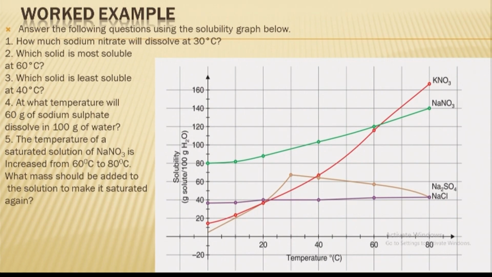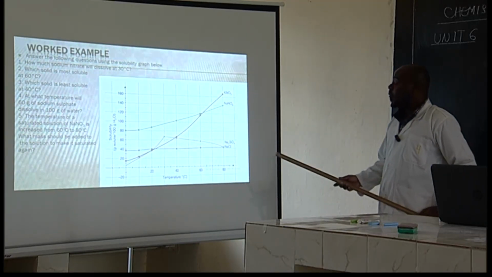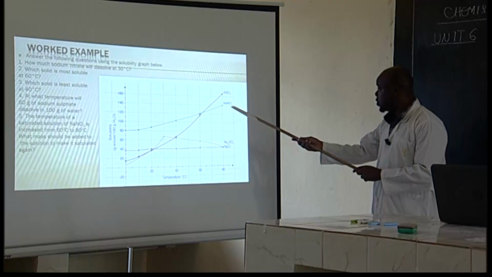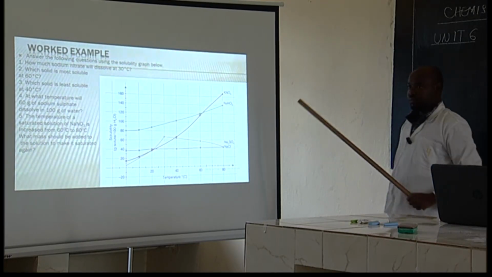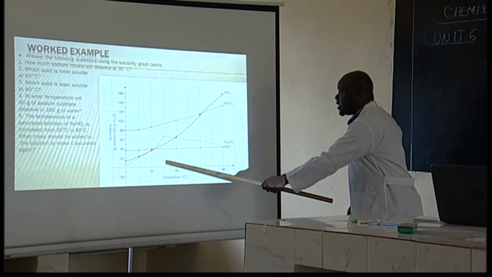And the particular substance the question is considering is sodium nitrate. The curve which is representing the solubility of sodium nitrate is this one in green color. Now, let us find the solubility of this sodium nitrate at a temperature of 30 degrees.